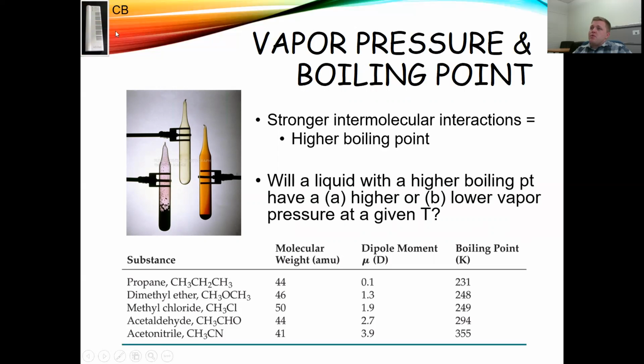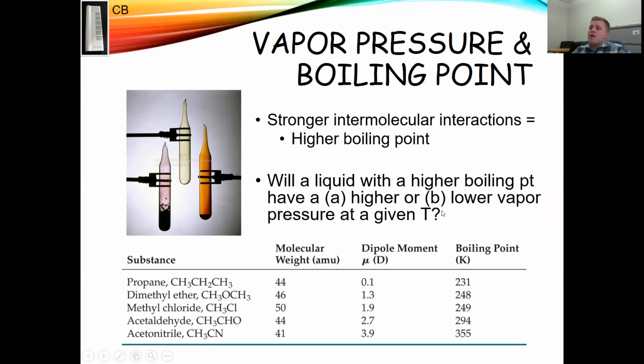We're going to jump through this iClicker quiz here and ask, will a liquid with a higher boiling point have a higher or lower vapor pressure at a given temperature? The way we're going to do these iClicker quizzes going forward, since we're not actually doing them, is I will just talk through the logic.